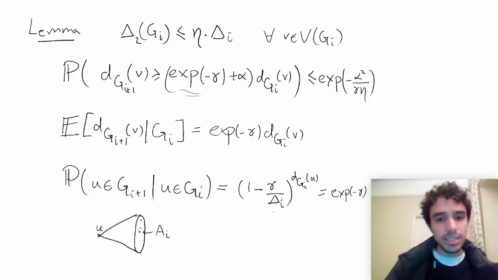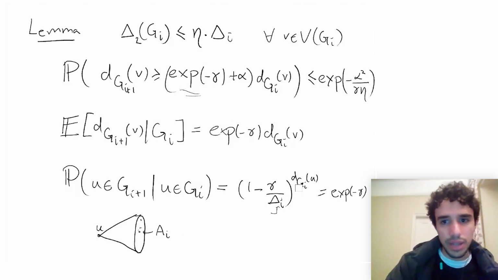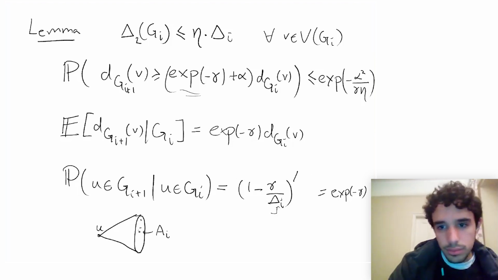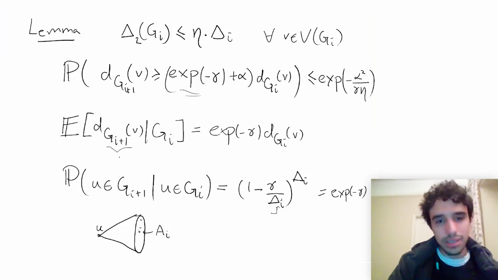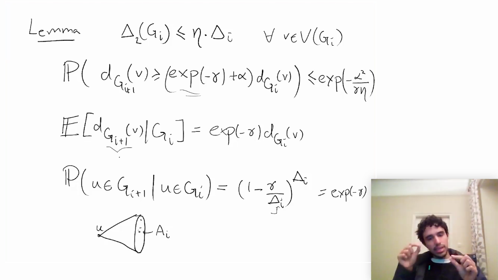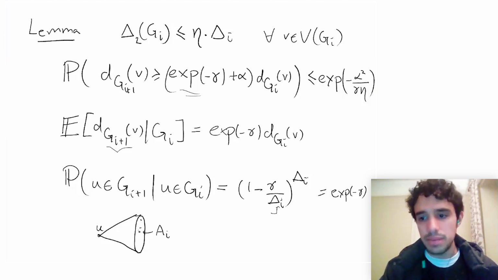We just add edges to make our graph regular, with degrees delta_i. Then the probability will roughly be exponential of minus gamma, and you're just calculating the probability that each vertex in its neighborhood is in the new graph. So it's going to be exponential of minus gamma times the degree.